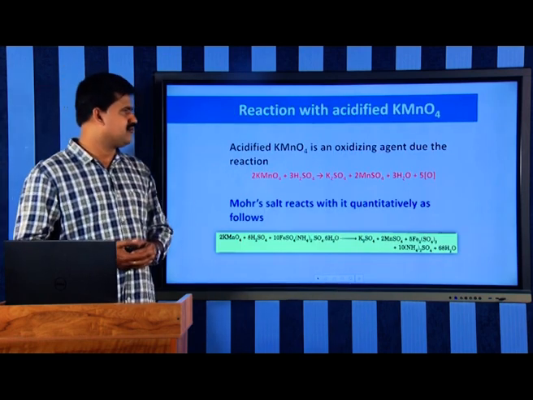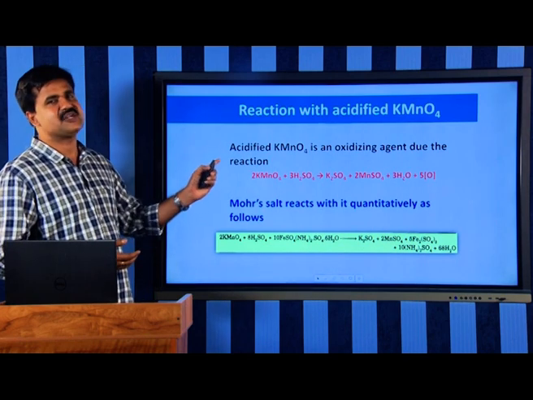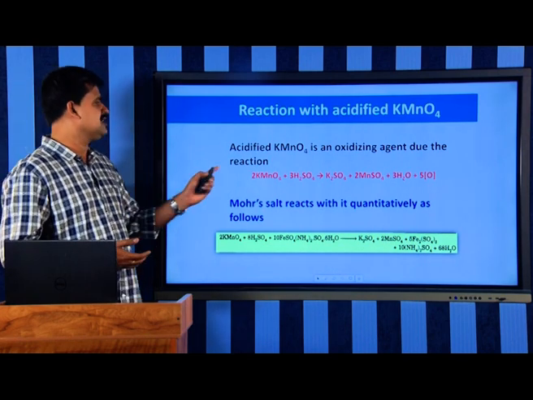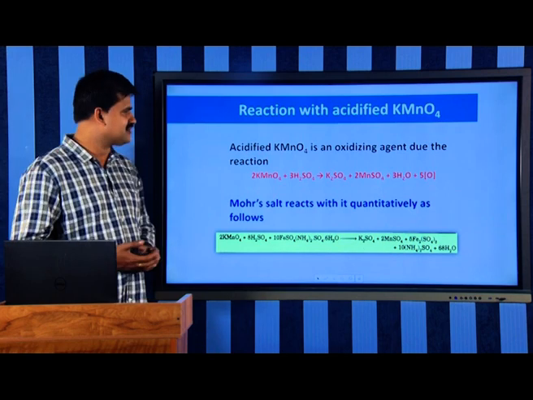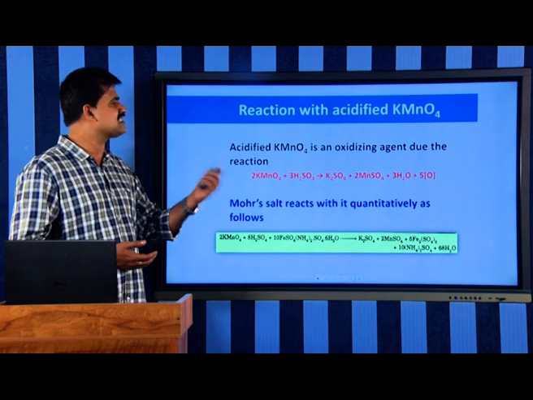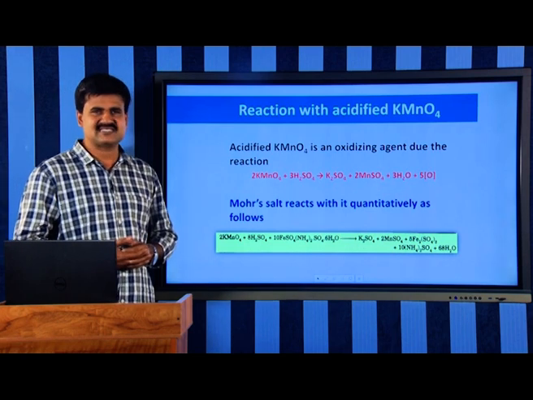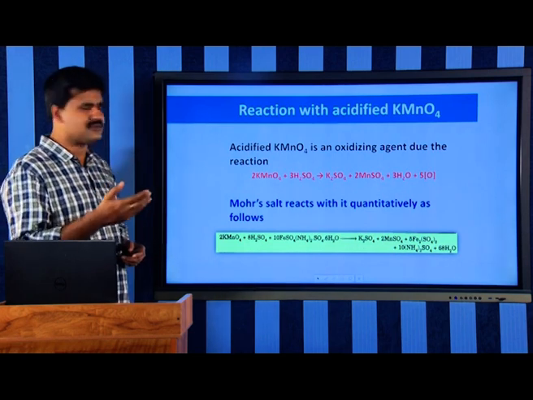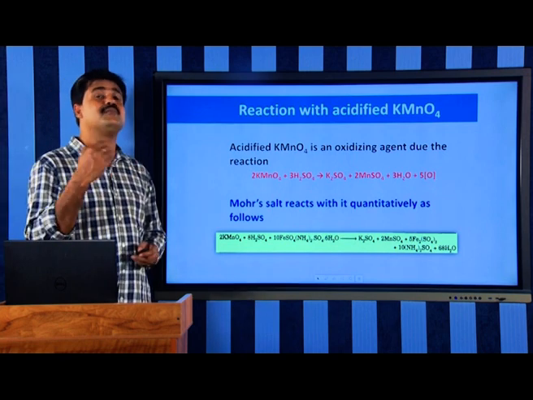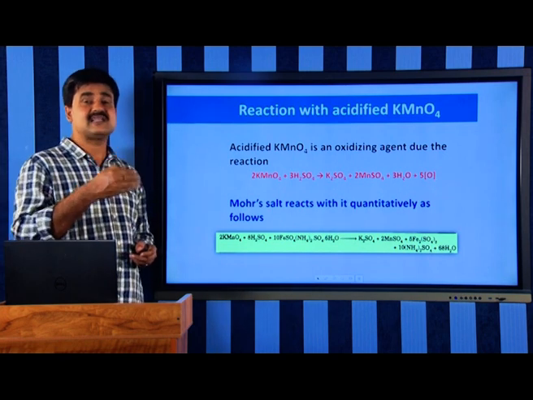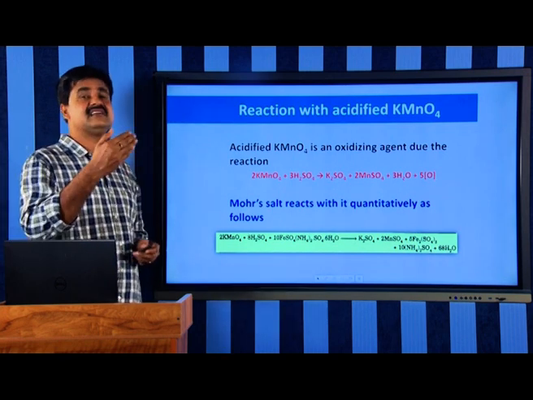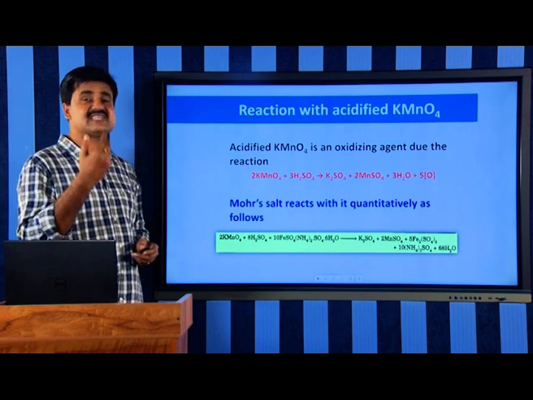Acidified KMnO4 is an oxidizing agent due to the reaction 2KMnO4 plus 3H2SO4 gives K2SO4 plus 2MnSO4 plus 3H2O plus 5 nascent oxygen. That nascent oxygen can be used for oxidation of Mohr's salt. That is, Mohr's salt is a reducing agent and acidified KMnO4 is an oxidizing agent.